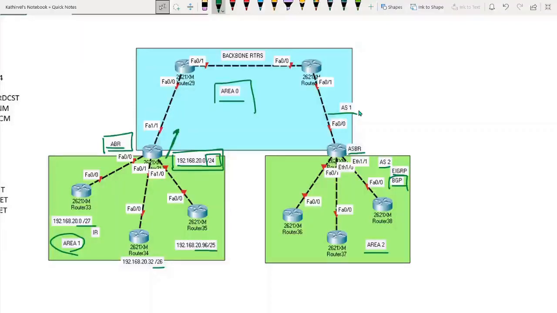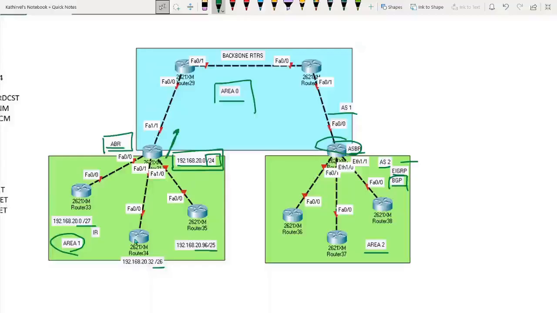A router which connects other autonomous system protocols with the OSPF protocol is considered an autonomous system boundary router.